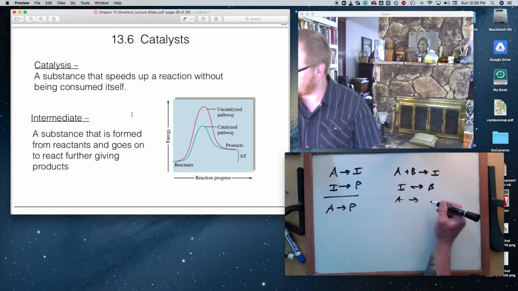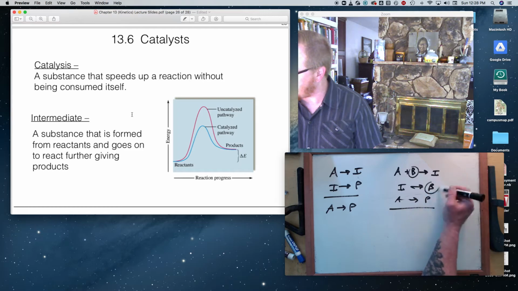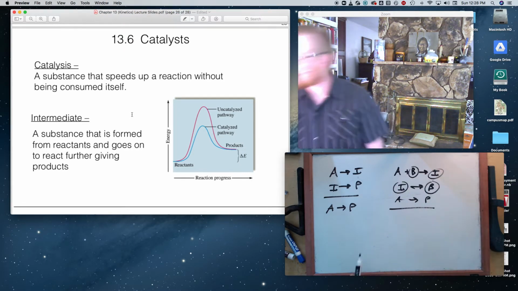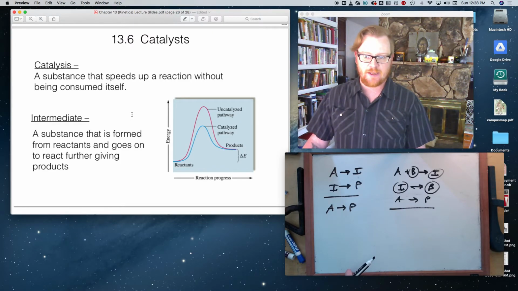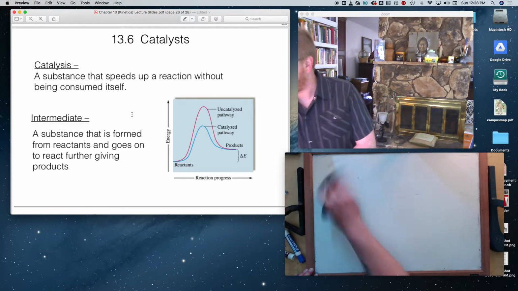I'm not making a very good mechanism here, sorry about that. But in any event, in this case, B would be our catalyst, whereas I is our intermediate. So they appear in opposite places in the mechanism. And I'll do a better, real example of that.